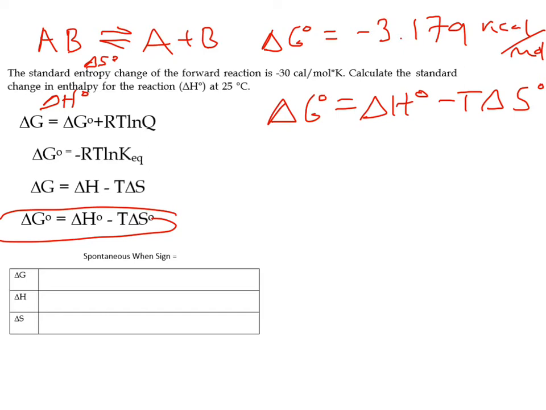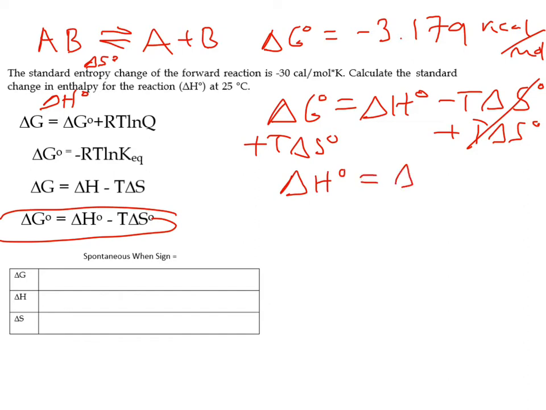We know delta G and delta S, and I want to get delta H on its own. So I'm just going to add T delta S to both sides. That'll cancel it here, and then we'll have delta H on its own. Delta H naught is delta G naught plus T delta S naught.